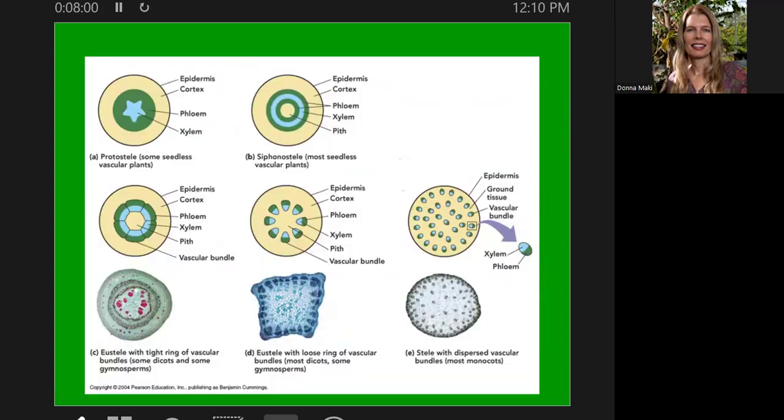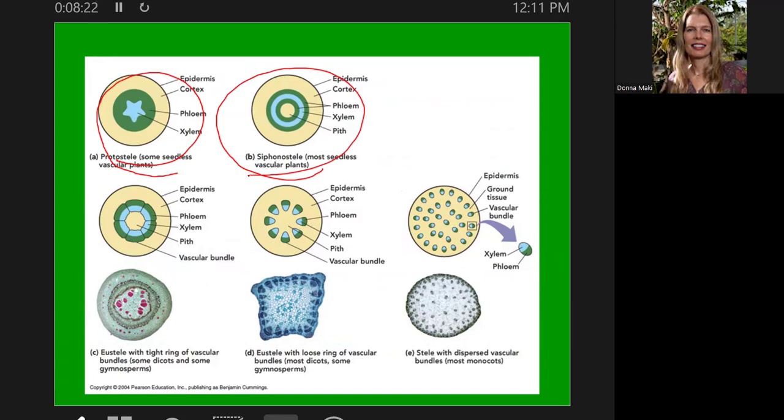Here's a mock-up of the stem tissue, most of it anyways, and then the very bottom row is actually what you see under the microscope. We're going to get into these later, so you'll come back and see the slide again.